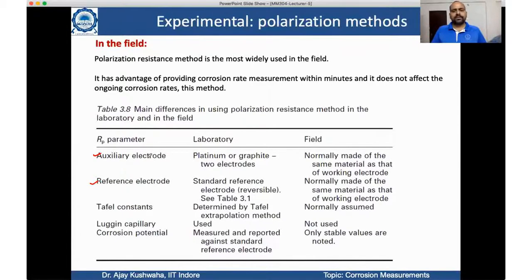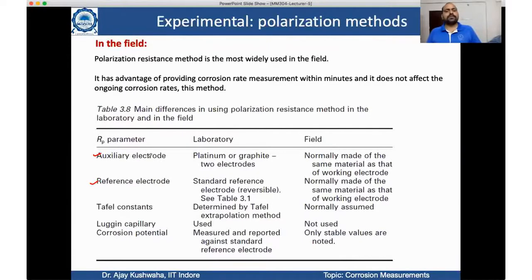The next is the Tafel constant. The Tafel constant is used to calculate the corrosion rate if we have the value of the polarization resistance. By doing this measurement, we can calculate the polarization resistance, but we also need the value of the Tafel constant.